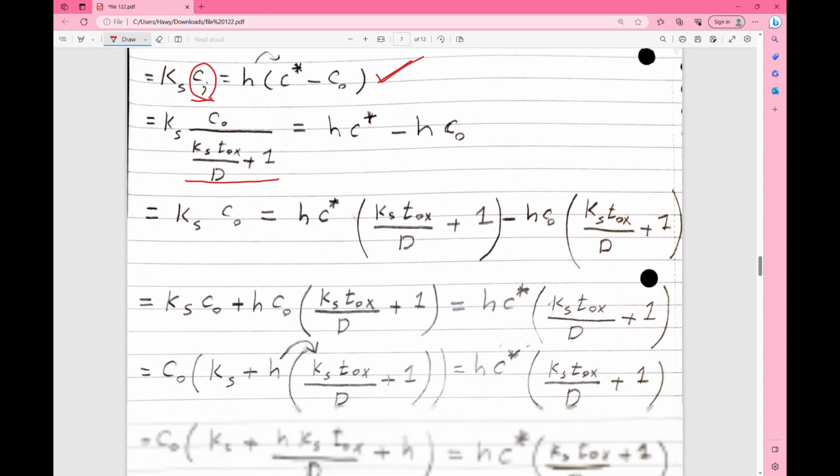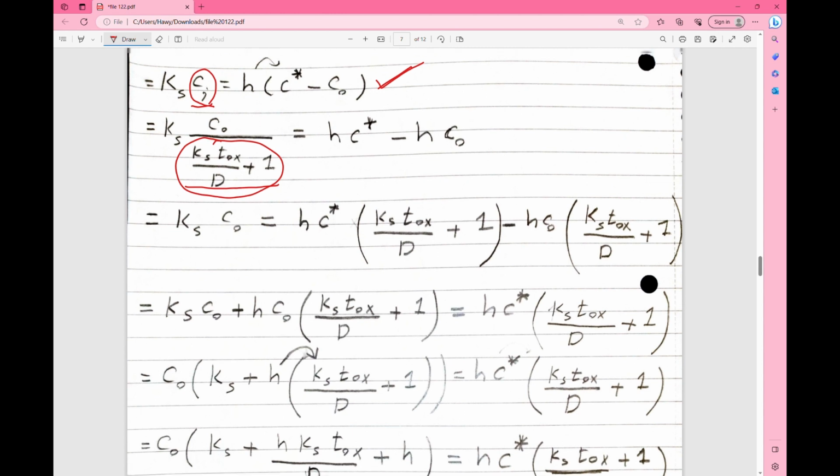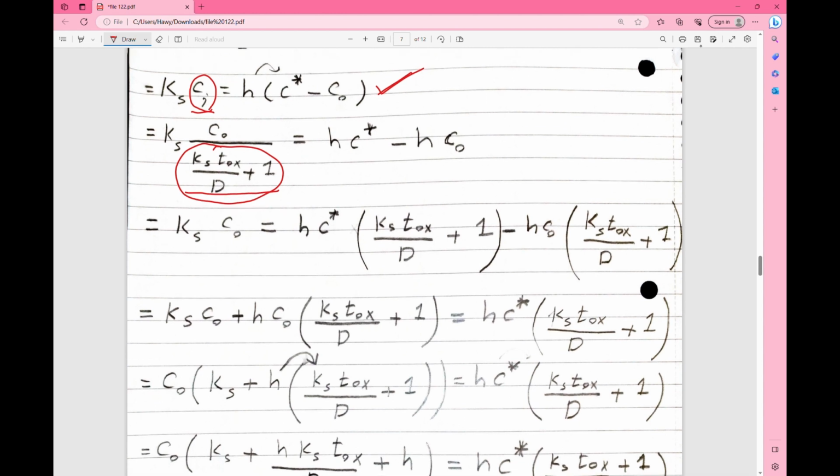Now here we multiply. This part we multiply by this part, so it will be gone from here and will be in the left hand side for HC star, multiplied by H star and multiplied by HC naught.